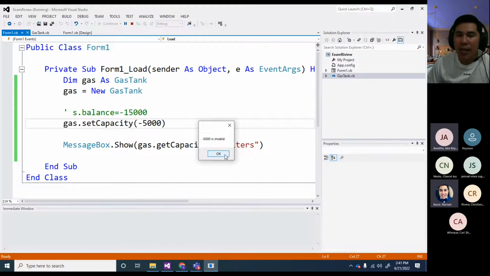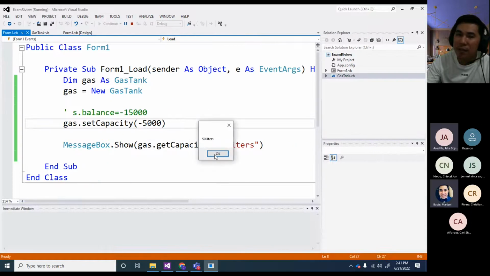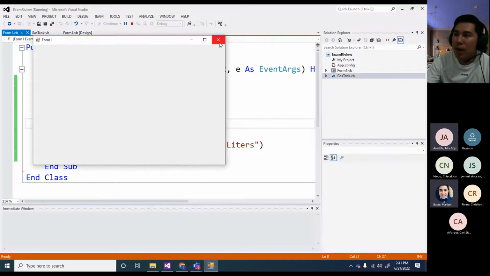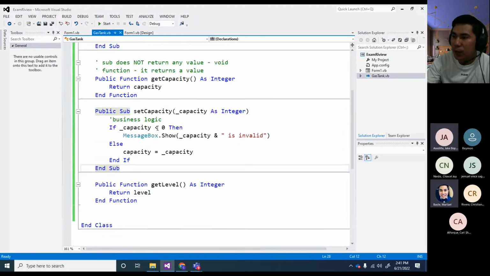So na-prevent niya ang possible na cause sa error sa imong program. So di na to niya i-allow, which is kung napansin niyo ang liters na to is still 50 liters. Wala niya na change to negative 5,000. So that's the idea of encapsulation. Okay? So yeah, that's it.